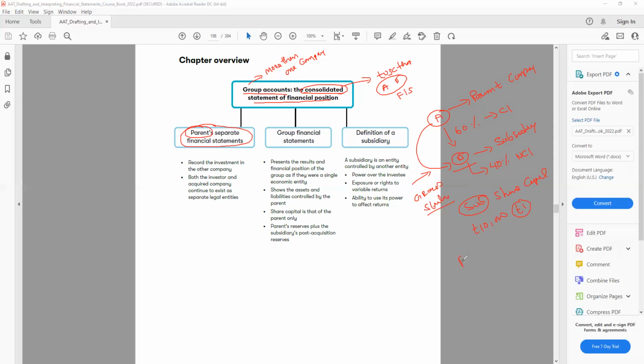If the parent acquires 6,000 shares out of 10,000 from the subsidiary, that means the parent will hold 60% right. Sometimes the question can give you this straight away by mentioning the parent has a 60% right, but it is possible the question can give you the shares. To find out the group structure, we need to divide how many shares were purchased by the parent by the total shares the subsidiary has.